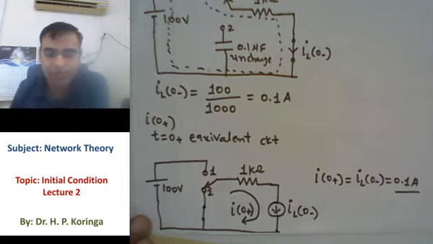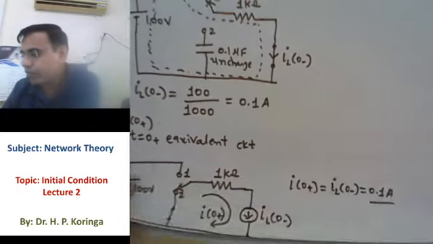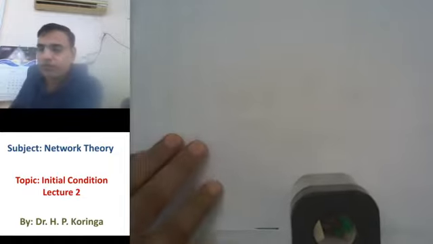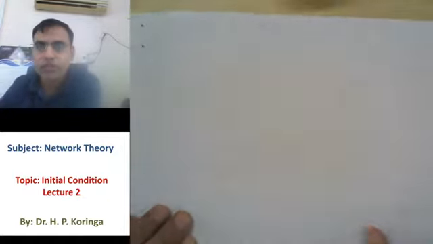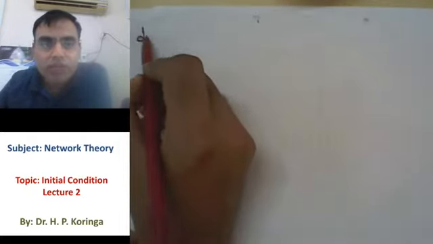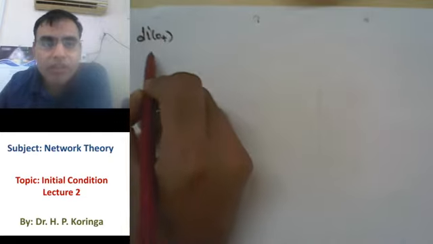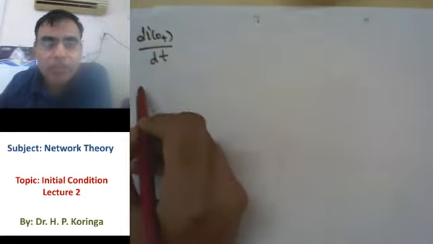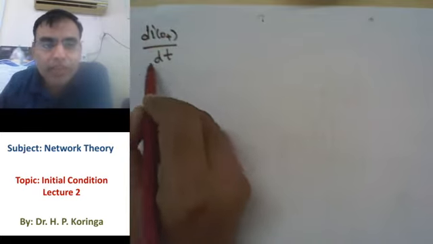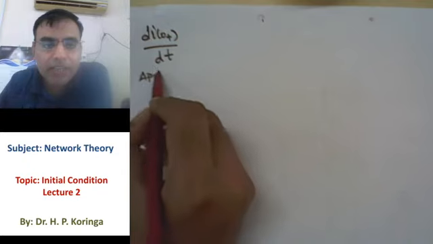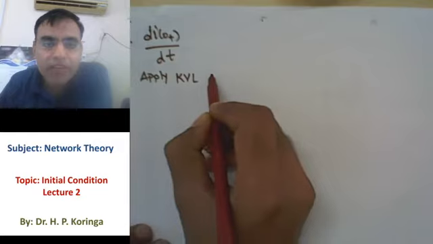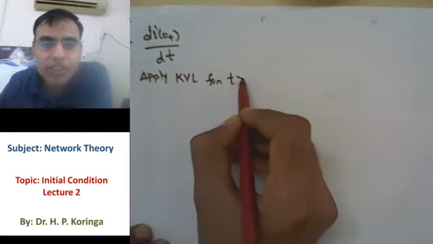Now let's find its first derivative and second derivative. To find di of 0 plus divided by dt, the procedure is to apply KVL. Here we want to find the current, so we apply KVL for t greater than 0.